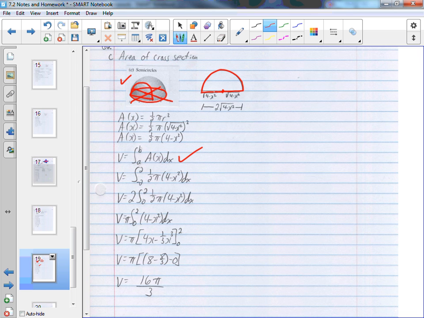Well, we know good and well that the area of a circle is pi r squared, so the area of a semicircle is half pi r squared. So we need to know the radius.